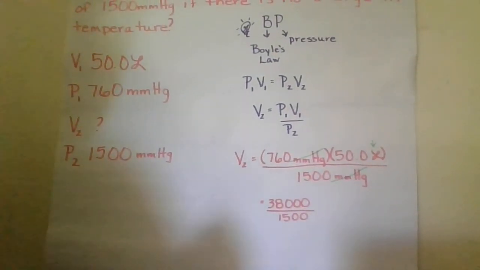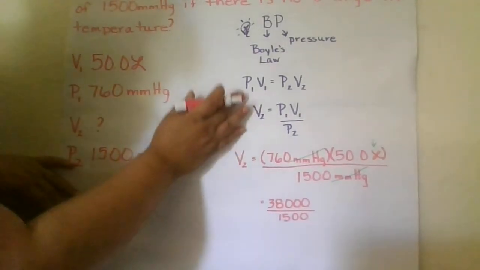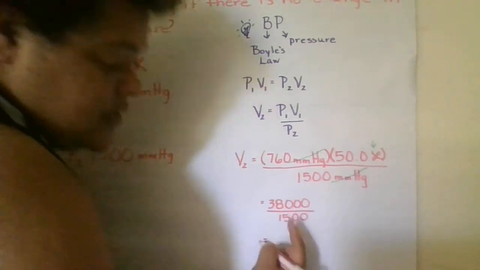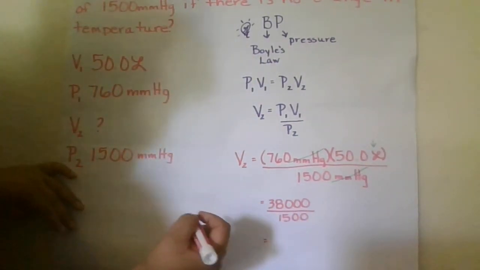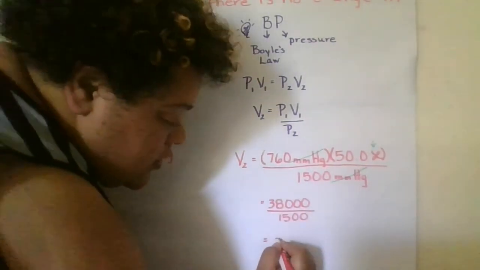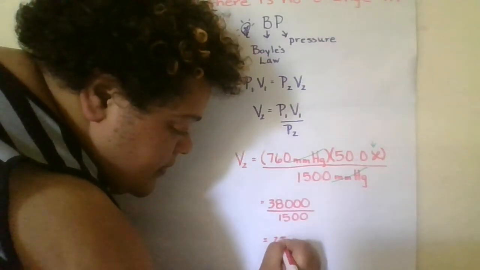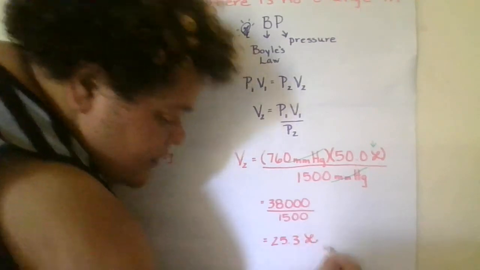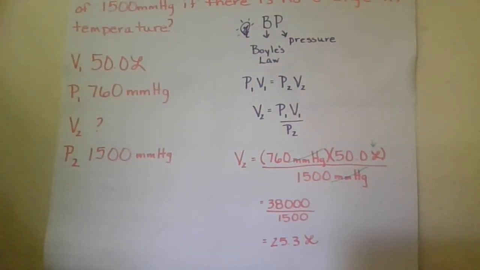All right. Once again, going back to our trusty calculator, we're going to go ahead and do this one division problem, which is going to yield 25.3 liters.